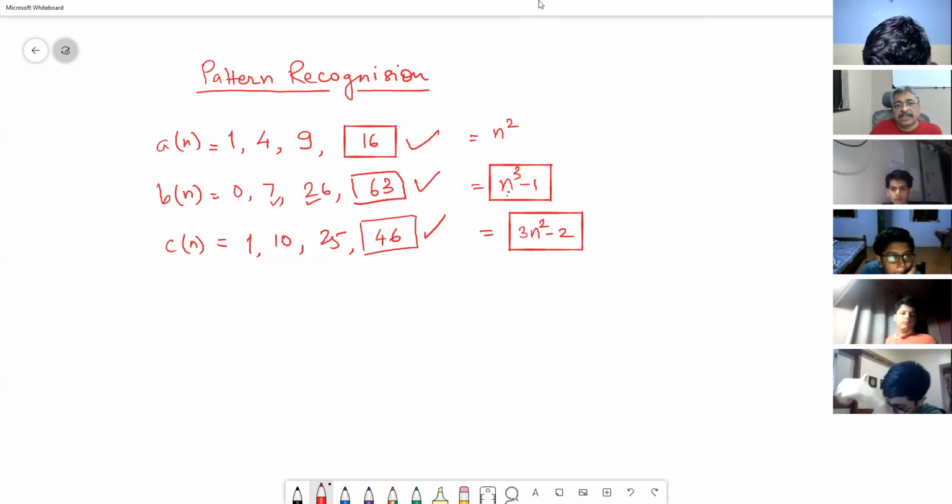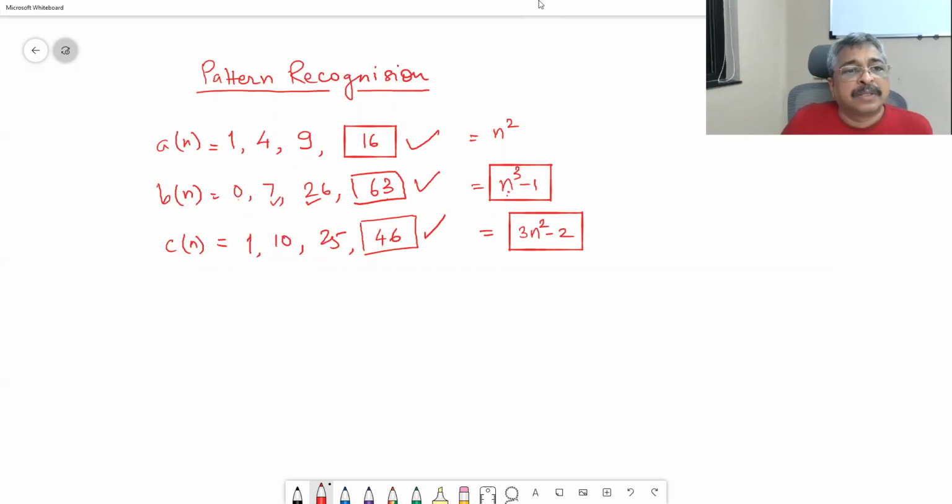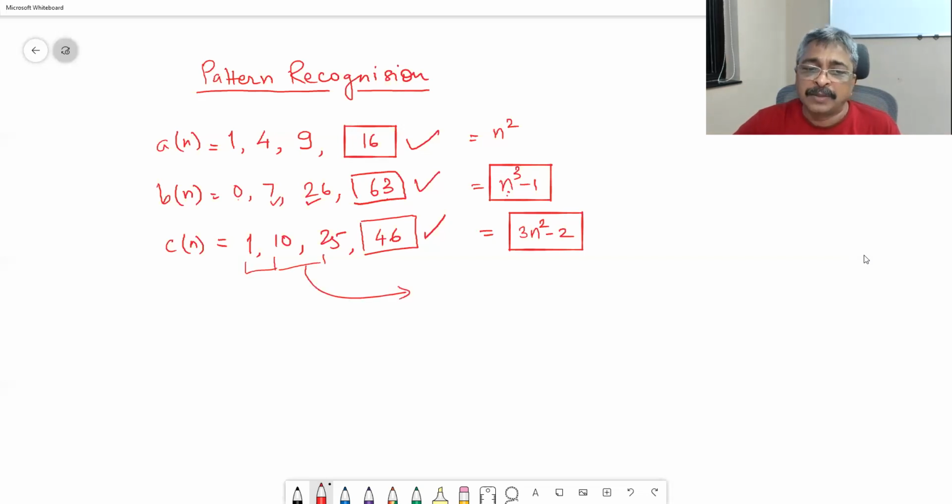Just by understanding the first three numbers, if we are saying that the next fourth number is so and so, I have not got another example. I can always create one where for these first three numbers, I have some other formula, and the other formula will give a fourth number different than 46.